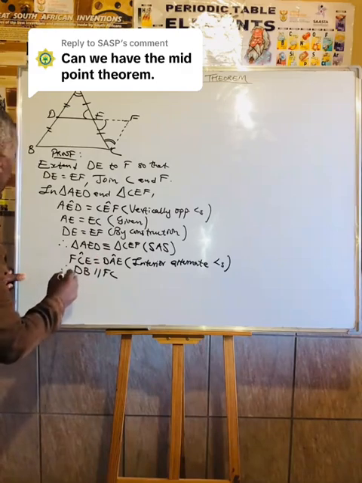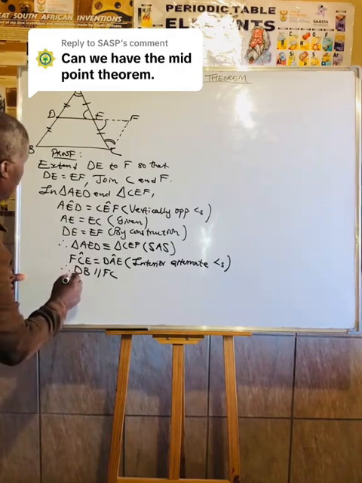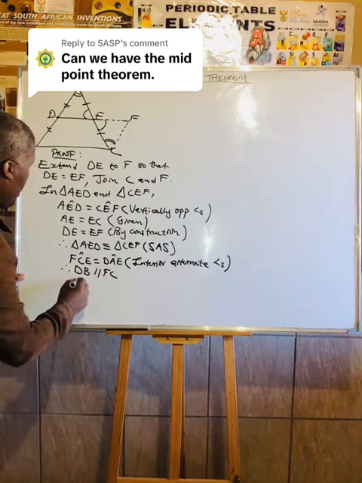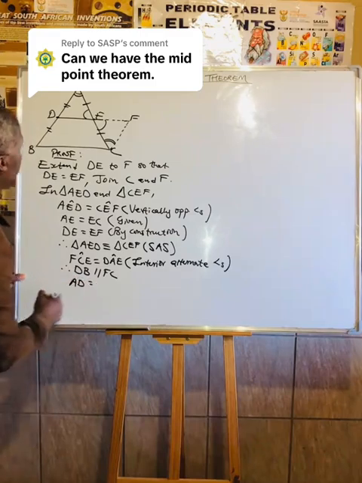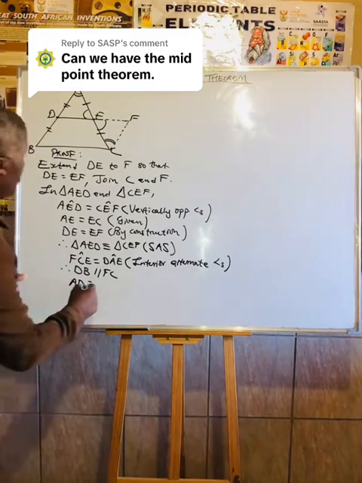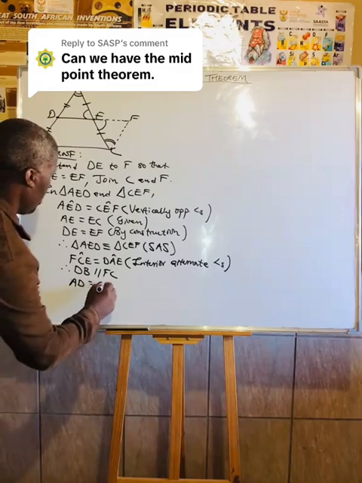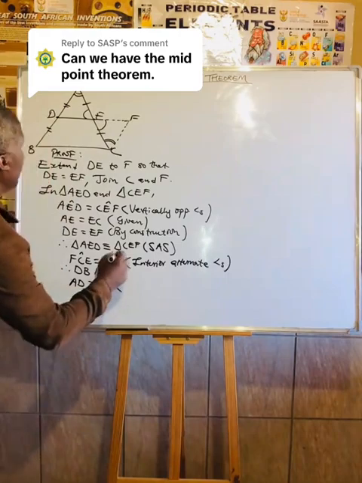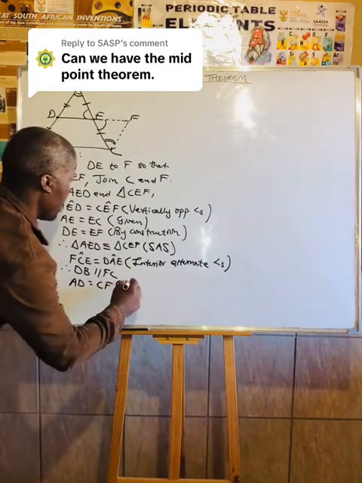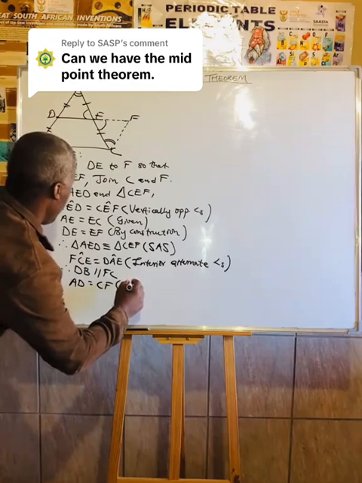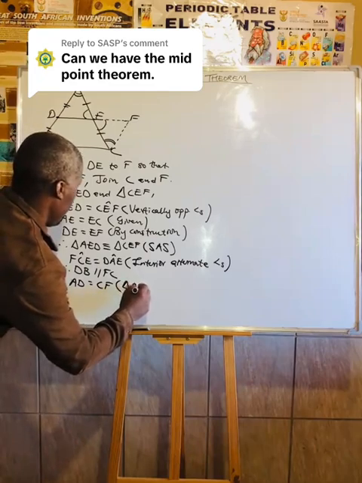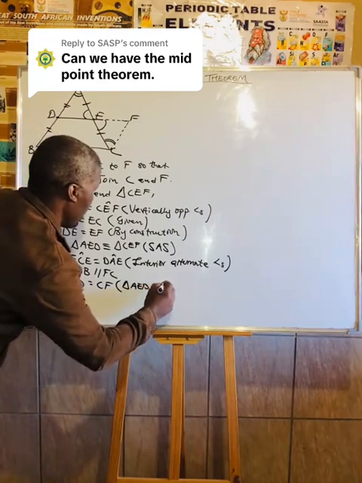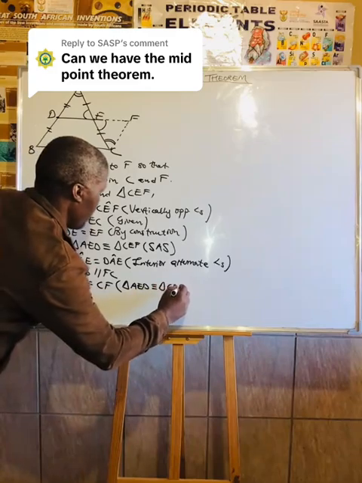From there, we indicate that AD is equal to CF. The reason is that triangle AED is congruent to triangle CEF.